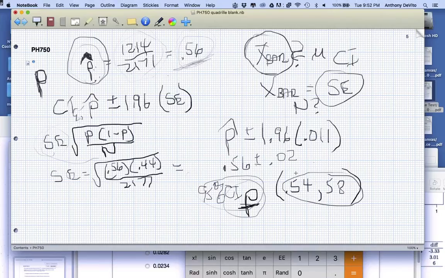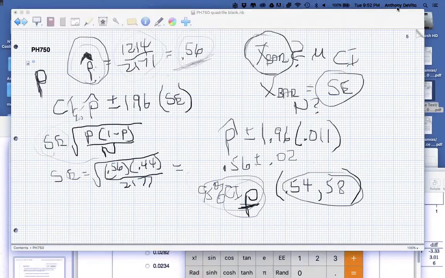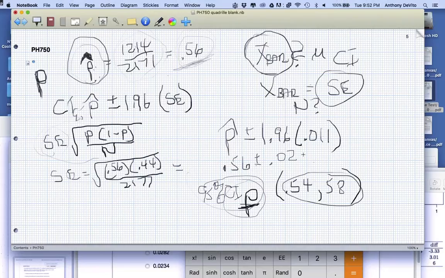Okay. Now, would it be okay for me to say that I'm 95% sure that at least half of the population will be helped by this drug? Would that make sense? Well, half of the population would be 50%. 50% is outside of the confidence interval.